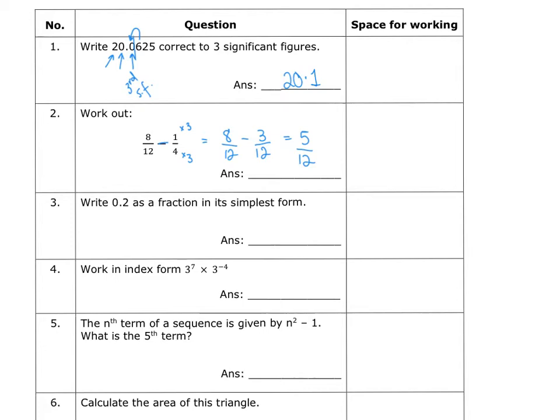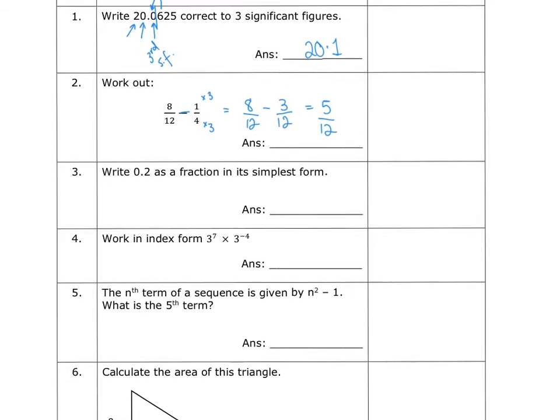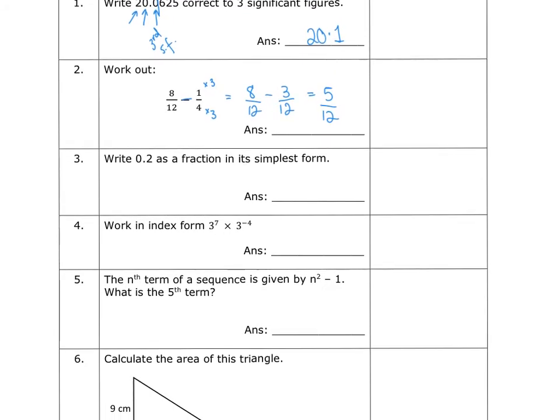Question 3. Write 0.2 as a fraction in its simplest form. 0.2. Now, behind the decimal point, we have only one digit. So that means we can write 2 wholes on 10, not 100, 10, because 10 has only one 0. That's 2 on 10.